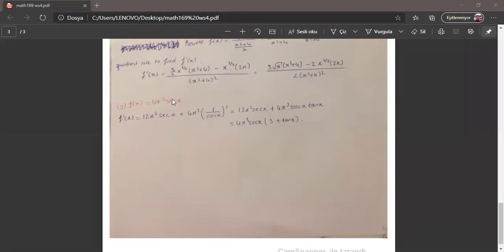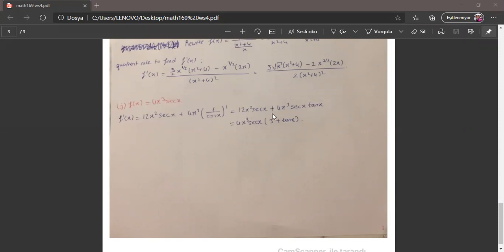What about this? The derivative of this function: you can see the first one as 4x to the 3 and the second one as secant x. So you have 12x squared times secant x, plus 4x to the 3 times the second one's derivative. We did that before, it's secant times tangent.